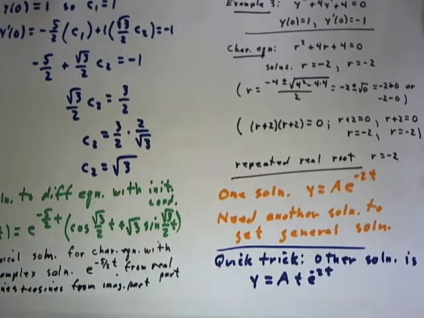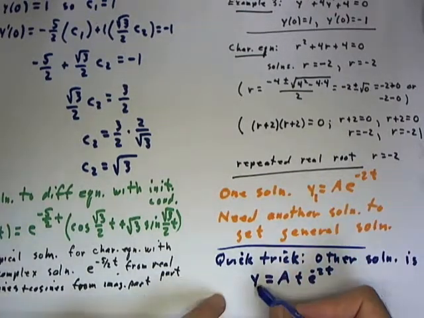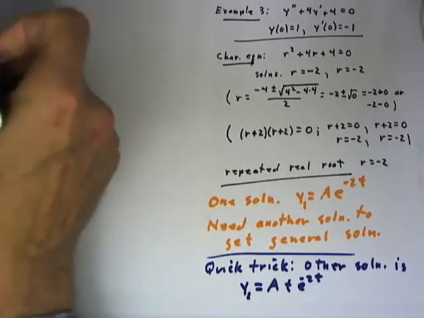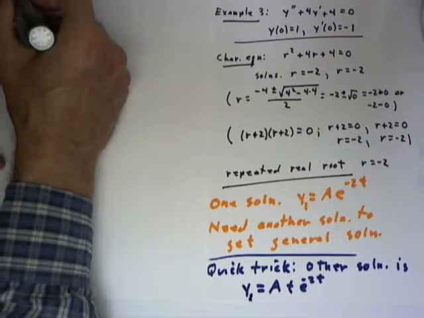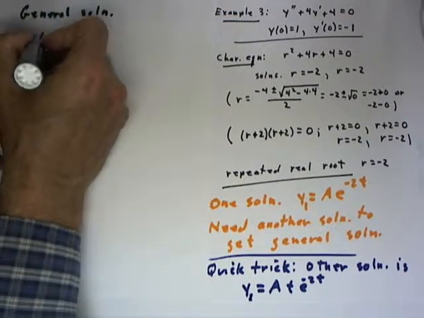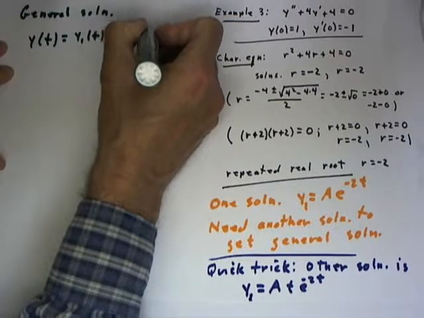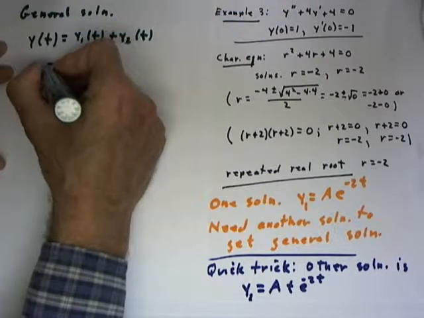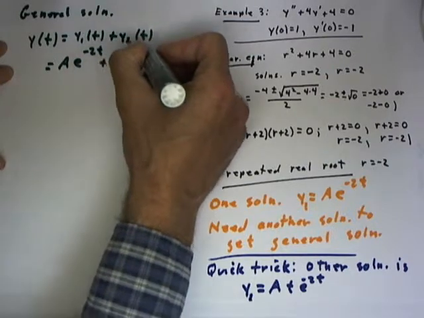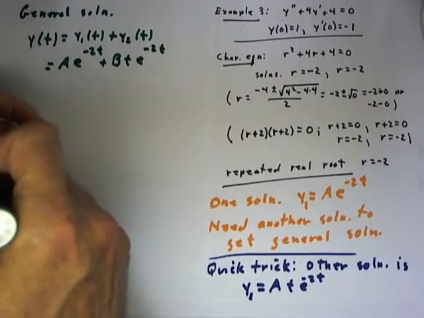So now we have two solutions, and we can call these solutions y1 and y2, so that our general solution is going to be y of t equals y1 of t plus y2 of t, which is going to be a e to the -2t plus b t e to the negative 2t, where I use b instead of a because these constants are arbitrary constants.